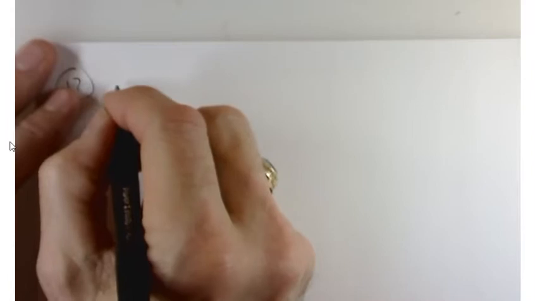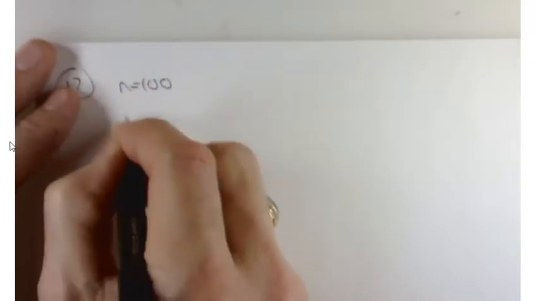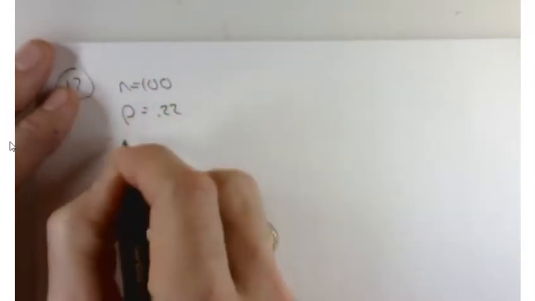Probability of exactly 19 voters. Well, let's see. Problem number 12. We're going to assume that this data fits, and let's move down to checking our other assumptions of np and nq. n was 100, p was 0.22.